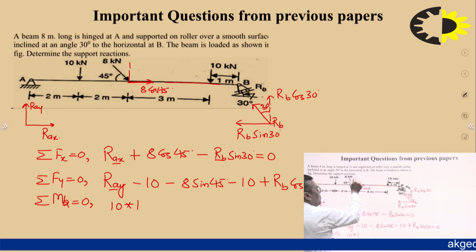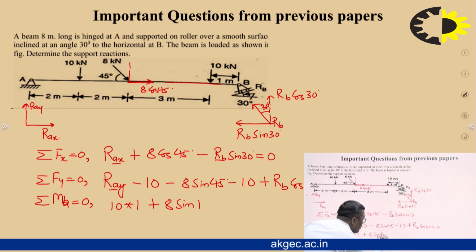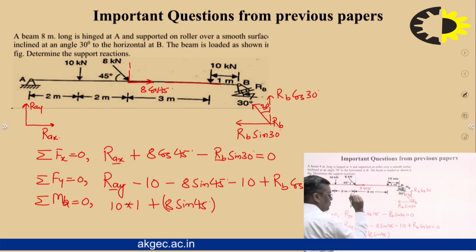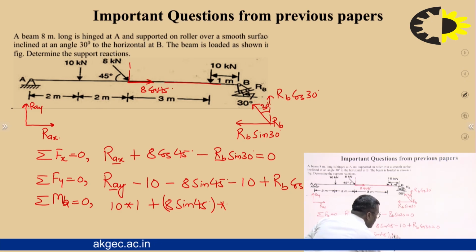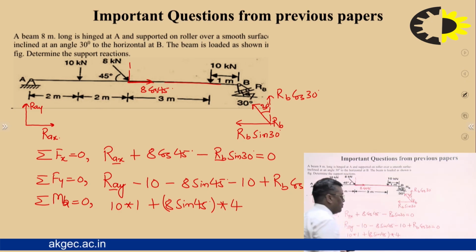Now this component, 8 sin 45. This is the force. How much is the perpendicular distance of this? So 1 plus 3, 1 plus 3 is into 4. Okay. Am I clear? Okay.